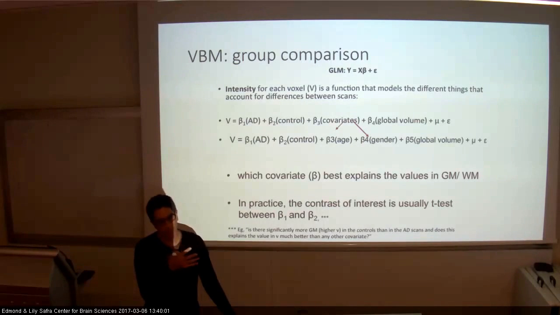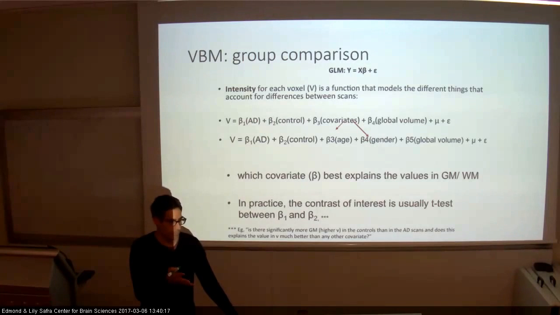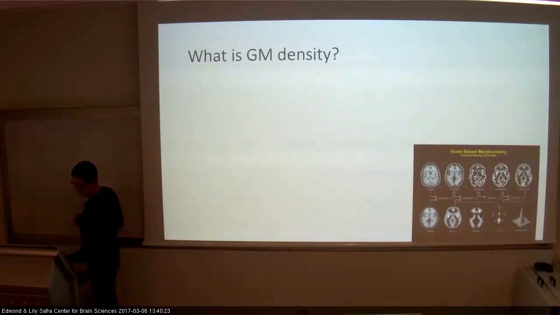It's true. So if I do so many comparisons, the first thing you should say, you have thousands of comparisons, thousands of voxels. By definition, if you use, let's say, a criterion of 0.05, 5% would just pop up, just because, right? And so multiple comparison correction is done in here.